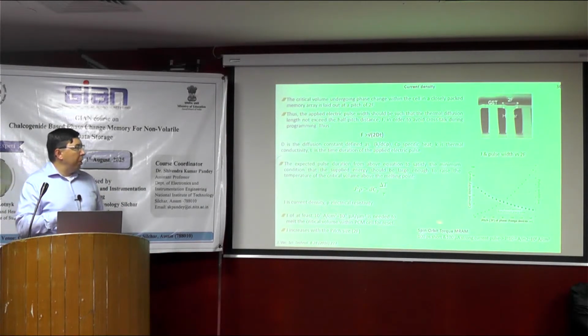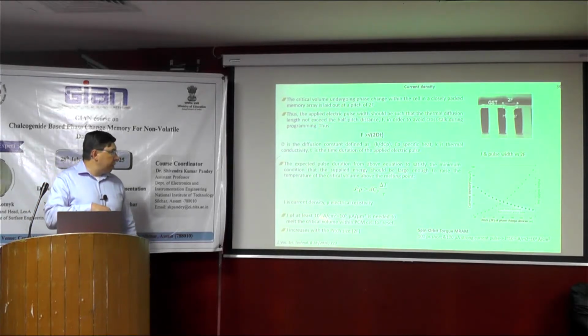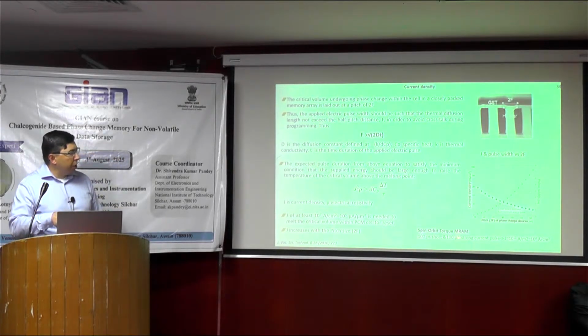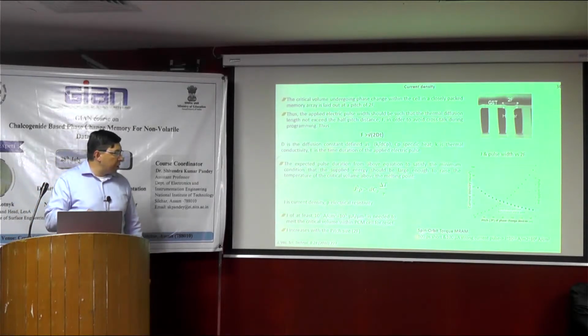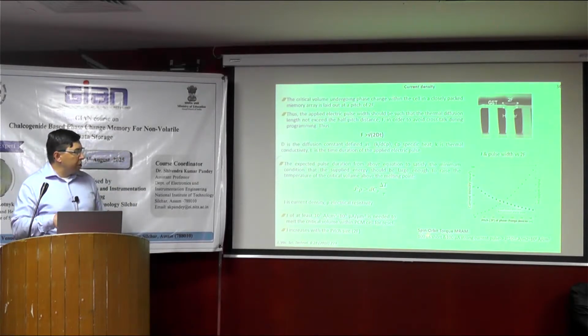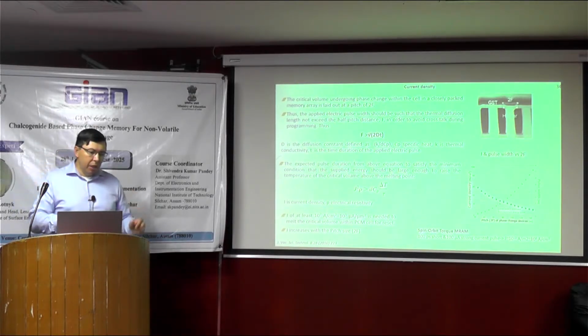If we also compare the critical current density to switch something like magnetic RAM, I did some estimations and found in the literature that if we use a 100 picosecond short pulse, a 100 microamp strong current pulse, we get values even larger than needed to switch the PCM.